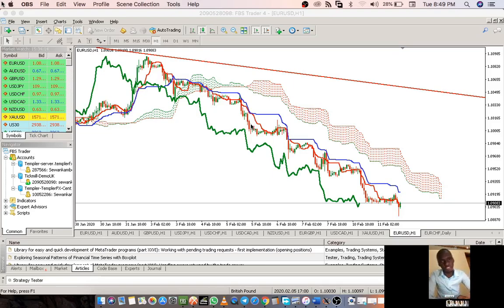They will tell you to go in for either a sell or a buy in the market, but we have to first look at the momentum line. Immediately this line crosses the cloud from above going down, for instance in our example, it means it's high time for us to come in for a sell.